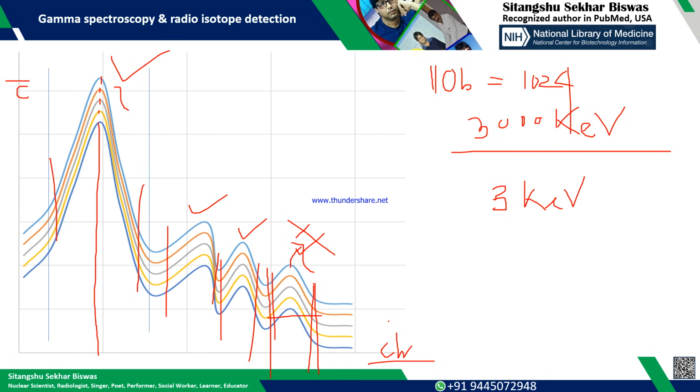Gamma spectroscopy is extensively used to identify a particular radioactive material, or the composition of a blend or mix of two or three radioactive materials. So how is it done? Basically, it is a gamma detector.